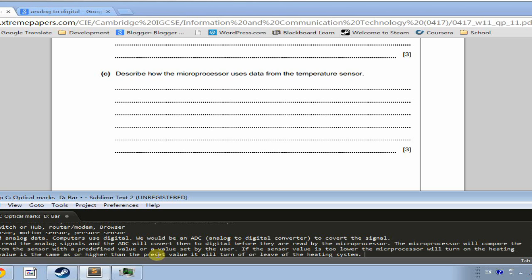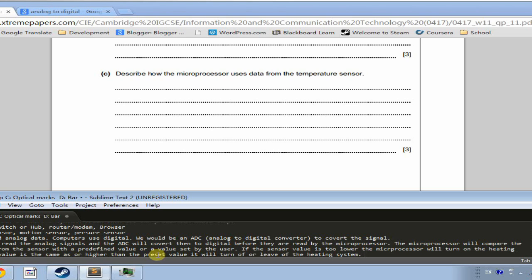Think of the microprocessor as just a little man who's sitting there. He gets given a piece of paper with one number on it, and he gets given a piece of paper with another number on it. He just compares them together. If one is bigger than the other, then he takes some kind of action by pressing a button or something to turn something on or to turn something off.